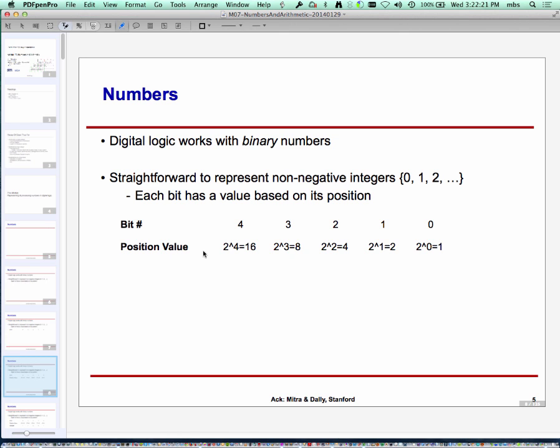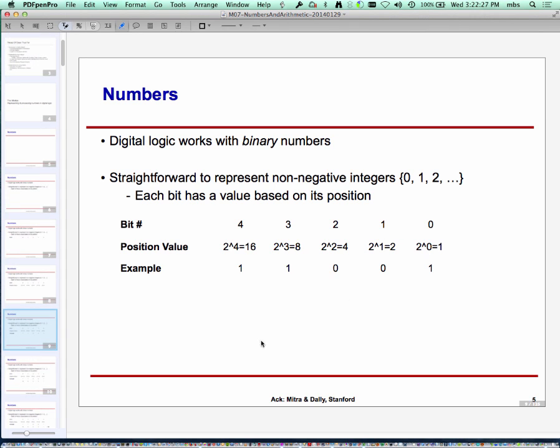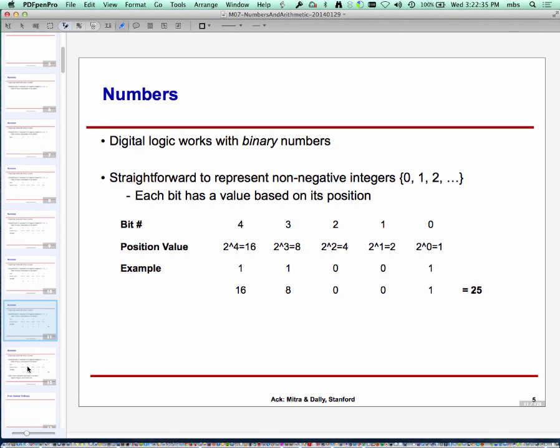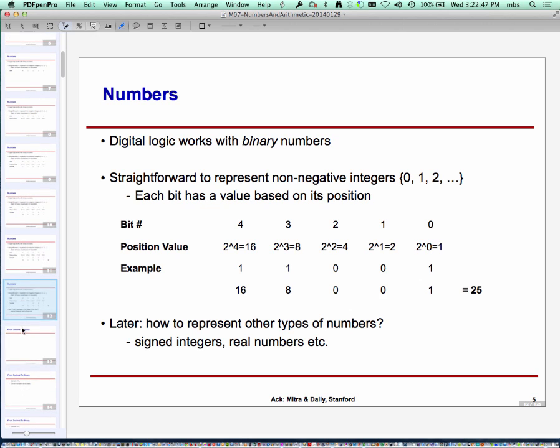So like our decimal system, so 1, 1, 0, 0, 1 becomes 16 plus 8 plus 0 plus 0 plus 1, so it's 25. So we have seen this kind of stuff before. The question that we are interested in is, could we represent other kinds of numbers, and could we then do arithmetic over them? That's kind of what we are interested in.